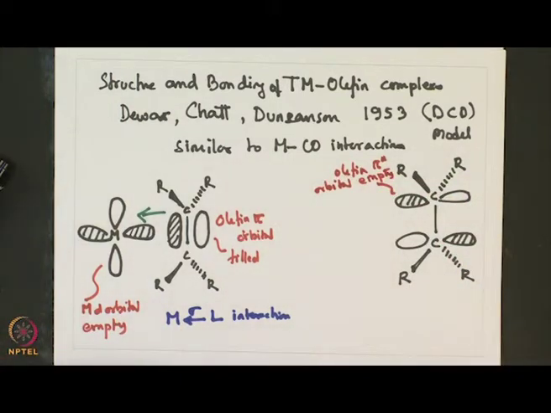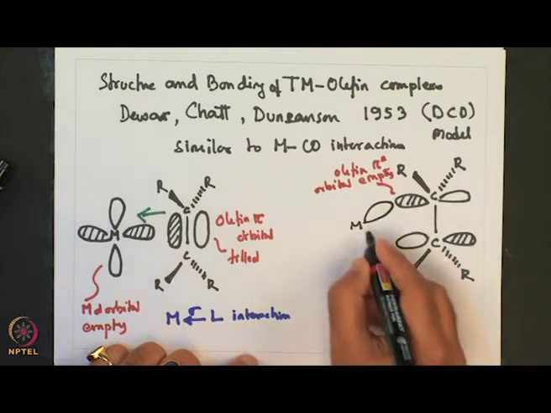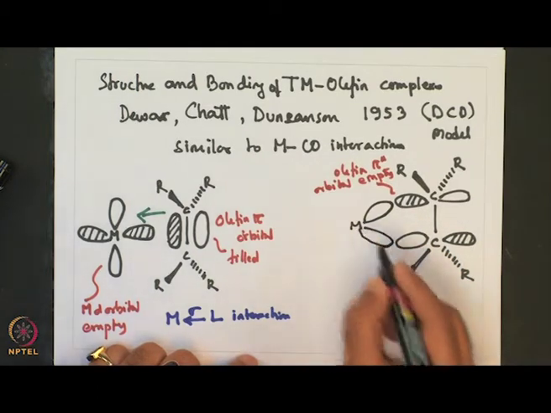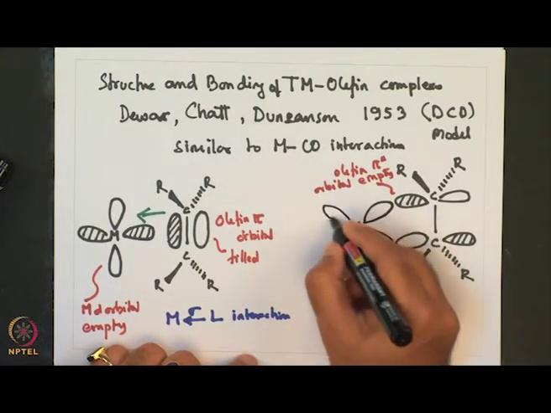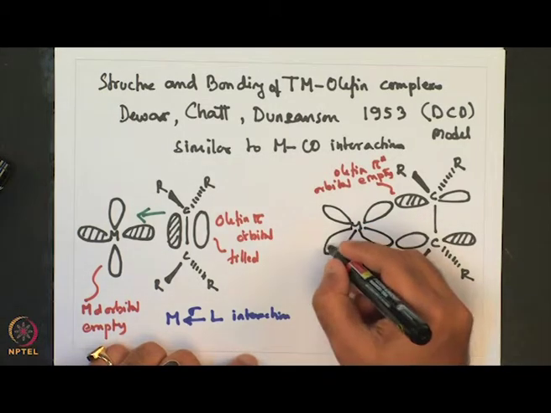Now, this empty pi star olefin orbital would receive electron density from the metal orbital of appropriate symmetry.